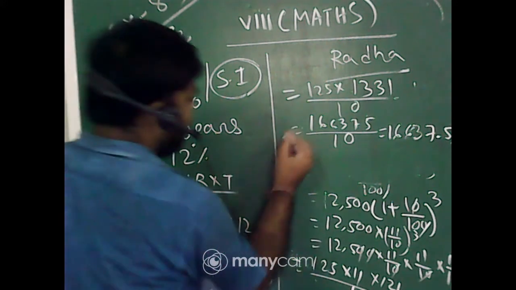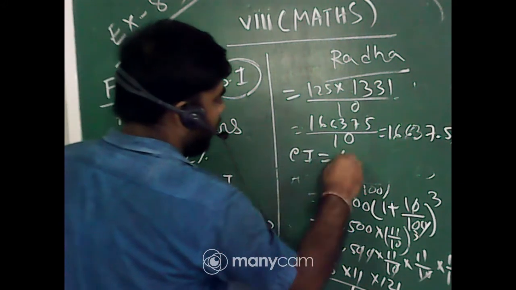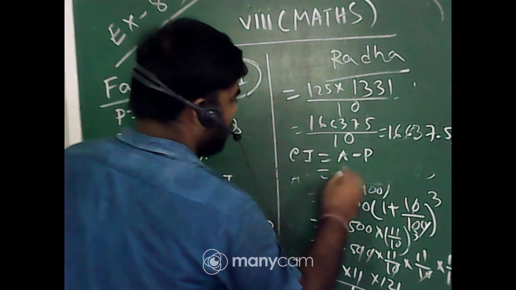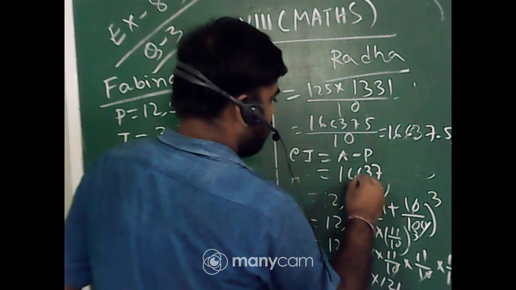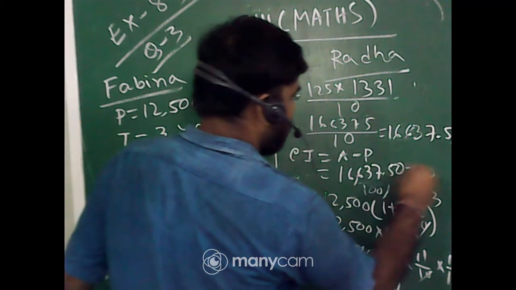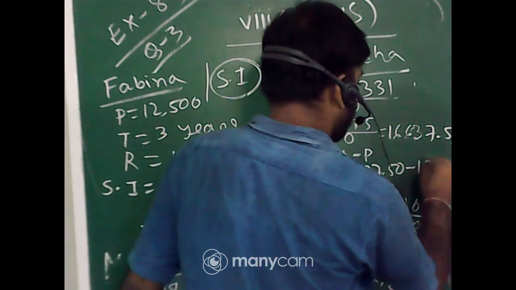Now what will be the CI? You know that CI equal to A minus P. A is 16,637.50 minus P, 12,500. Now I will subtract it.